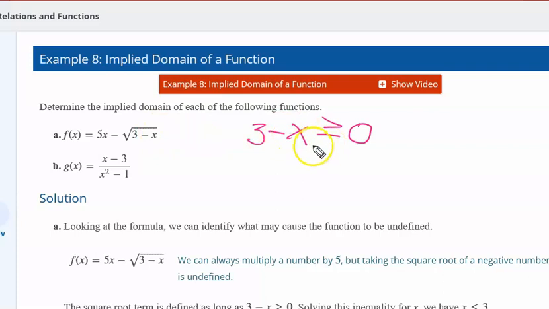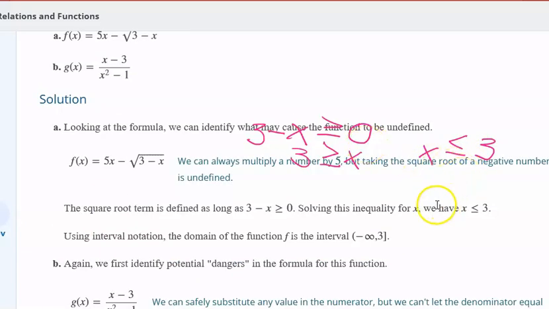So we have to solve for x. Well, just transpose the x. It becomes positive on this side. And now rewrite it. x is going to be less than or equal to 3. So you can't have any value greater than that. So the domain here is, and I've raised it up so you can actually see the answer, this.